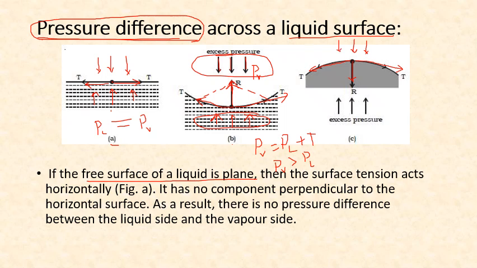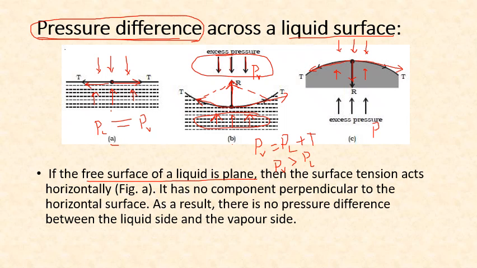So the force trying to push the molecule downwards will be two-fold. First one is due to surface tension T, and the second one is due to the pressure of the vapors, that is, vapor pressure. Opposite to this, the liquid will try to put pressure in the opposite direction, that is, it pushes the surface outward in this direction. In order to achieve equilibrium, again the pressure on both sides must be equal.